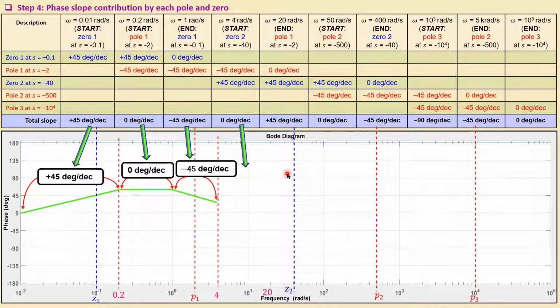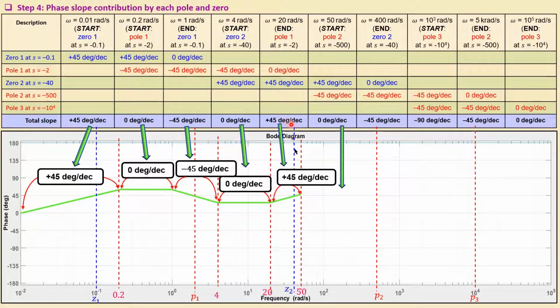Now, this is then the line, and then we have the 0 degrees per decade. In a similar form, you can do that for the next segments. So we have now 45 degrees per decade up to 50 radians per second. And from 50 radians per second up to 400 radians per second, you again have a slope of 0.